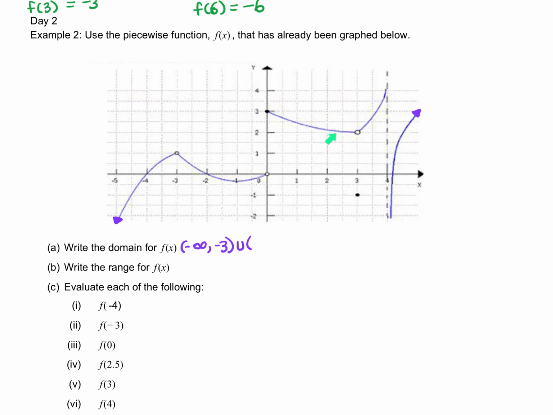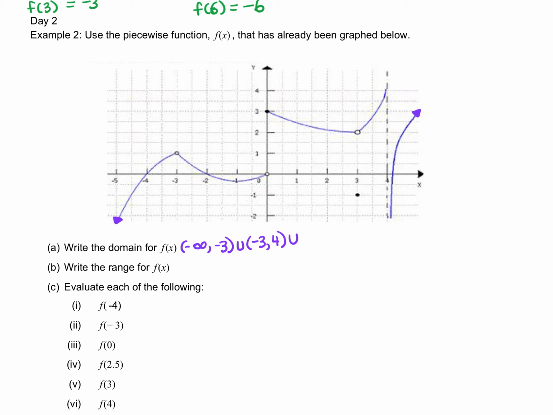We keep going until we hit this x value of 3. But once again, look, there's a point here when x is 3. So we can actually continue to move until we reach x equals 4. Okay, so we have all the x values from -3 to 4.